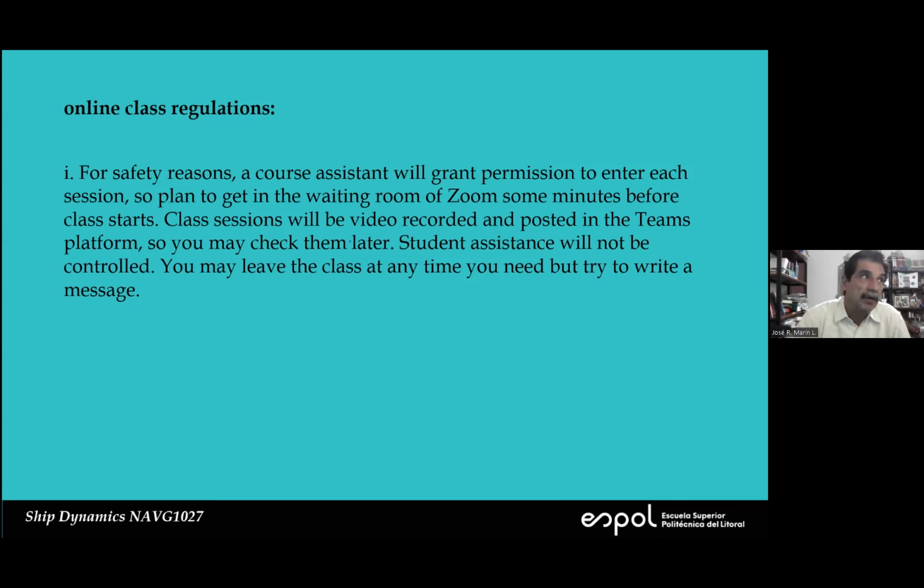If we see that somebody doesn't come to class, my responsibility is to send him or her an email asking, is everything okay? Can we do something to help you? But that's all we can do. You're free. You don't want to come, that's fine.